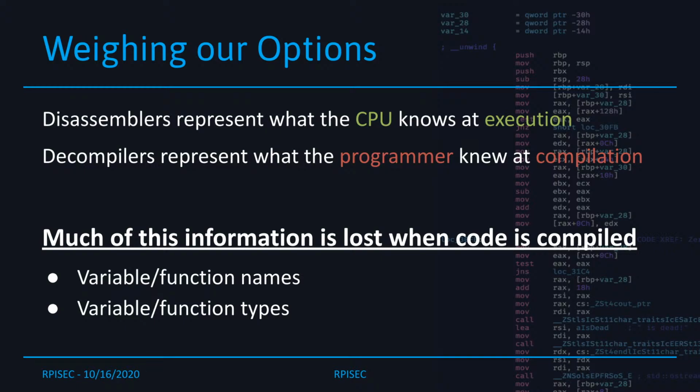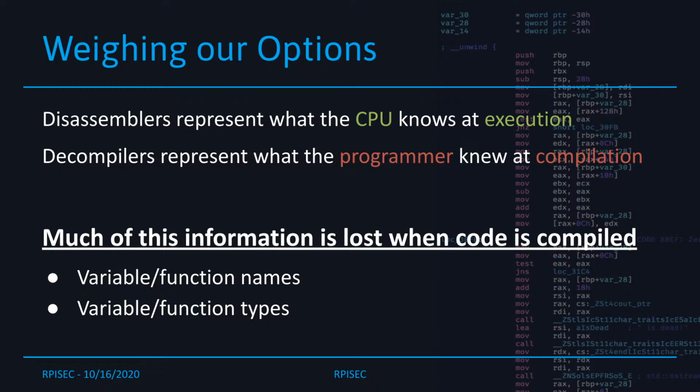So if you have a function named foo and you compile it, unless you compile it with a special flag, that name is going to be lost. If you're trying to reverse engineer that, you're going to see some garbled mess, and it's not going to be foo. It's going to be like sub_123 or something like that. It's going to be a much less readable or understandable name. And that obviously applies to variable names as well. So if you have a for loop and you have a counter named i, well, that's not going to be named i anymore when we're looking at it in a decompiler.